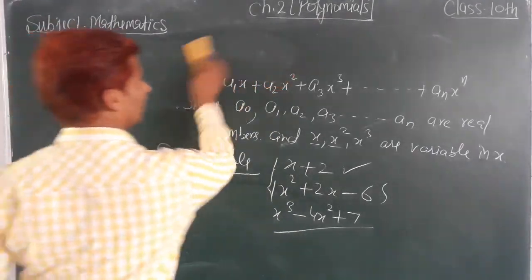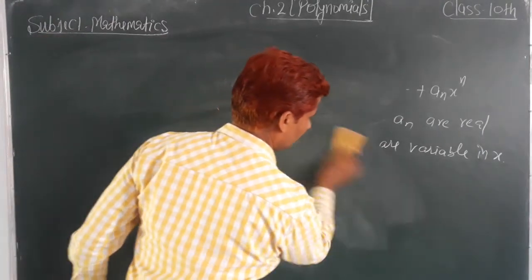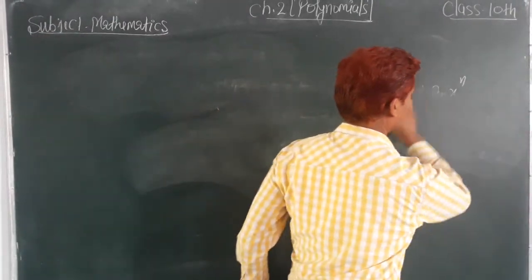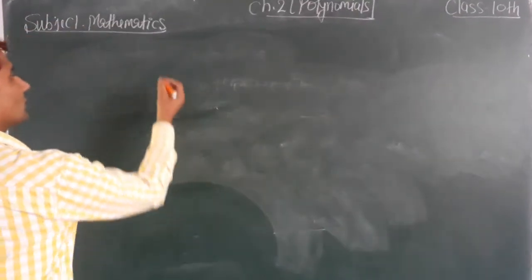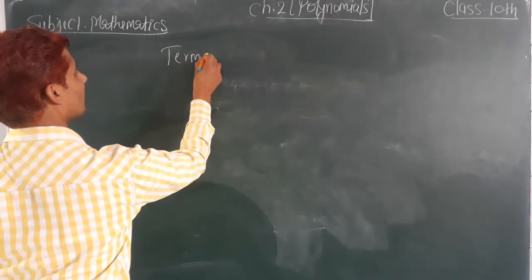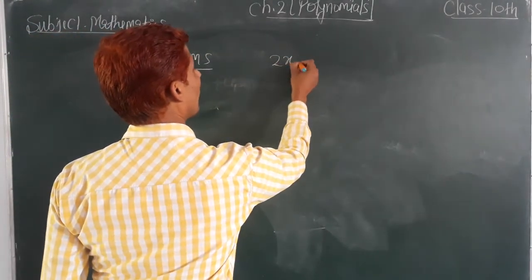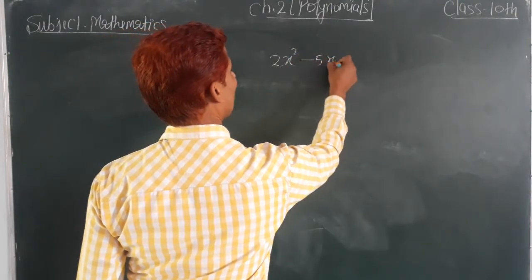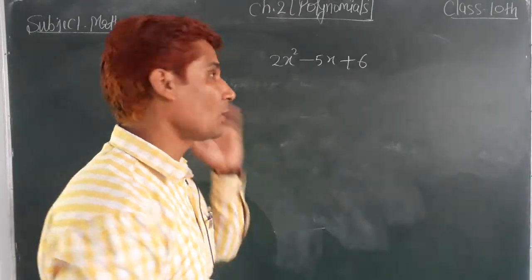Now the next term I am going to explain. What is the meaning of term? Suppose you are given a polynomial. Terms क्या होता है? एक polynomial given है 2x square minus 5x plus 6. This is a quadratic polynomial.